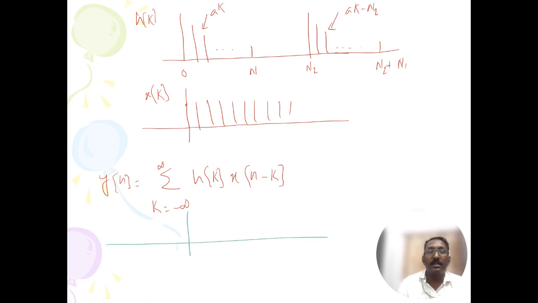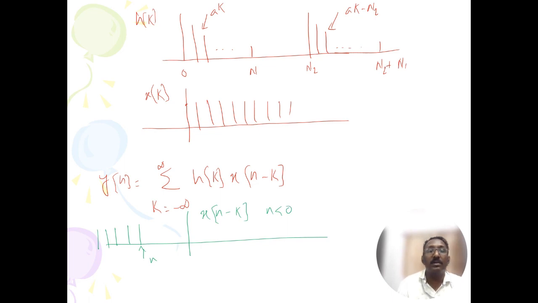As long as n is negative, this becomes a time shifting operation for n less than 0.